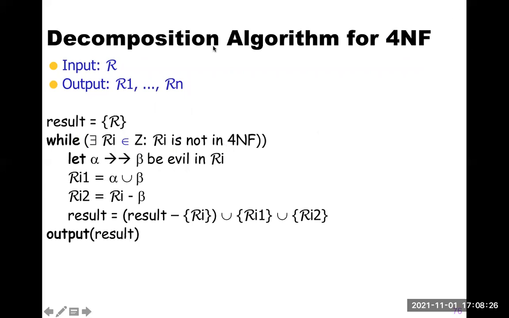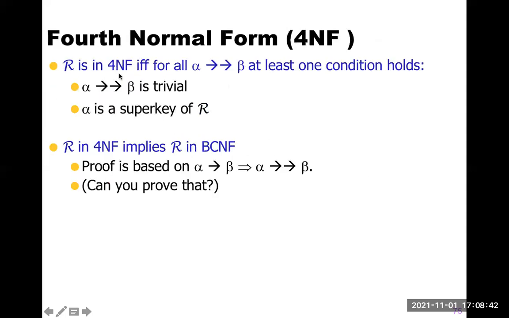I may decompose it. How to decompose? I start with the whole table, and then I check all the tables that are not in fourth normal form that can be checked using these checks.